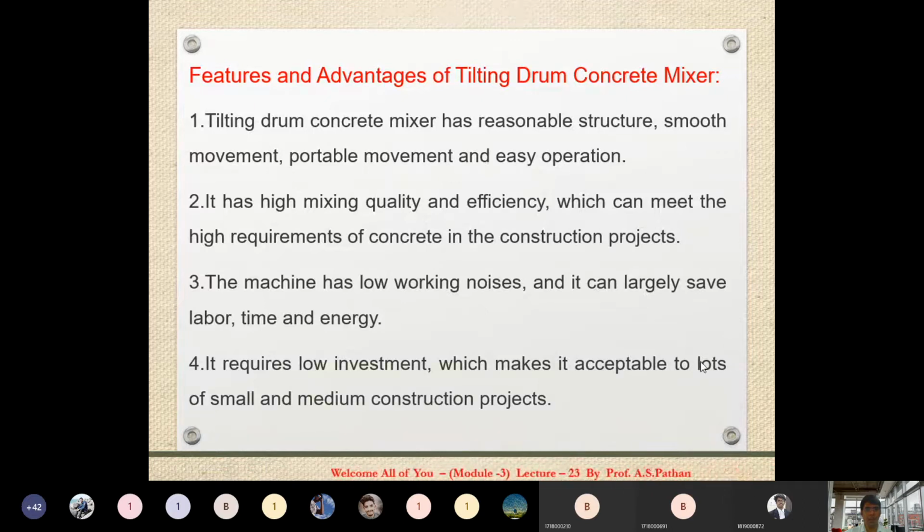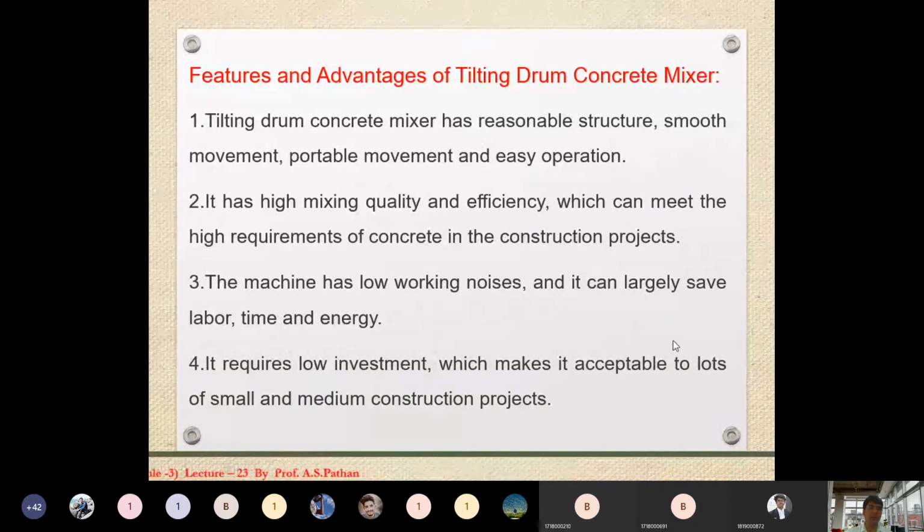Then it has high mixing quality and efficiency. The quality of the concrete produced with the help of this type of mixer is very good, and the efficiency of working of this equipment is also good, which can meet the high requirement of concrete in construction projects.